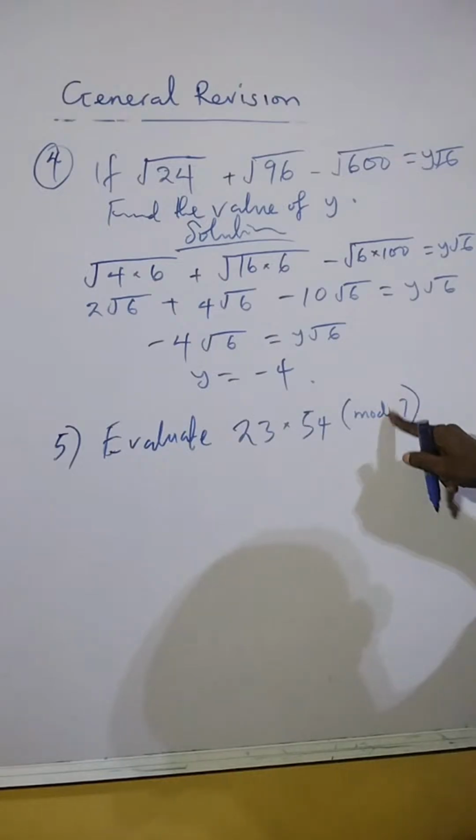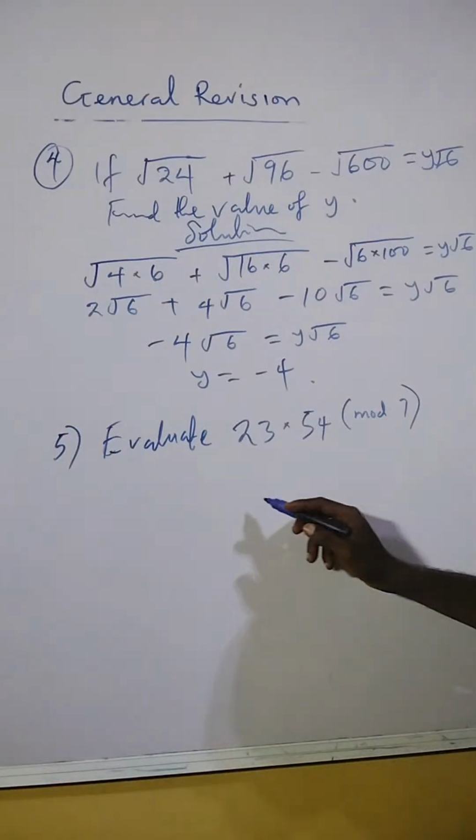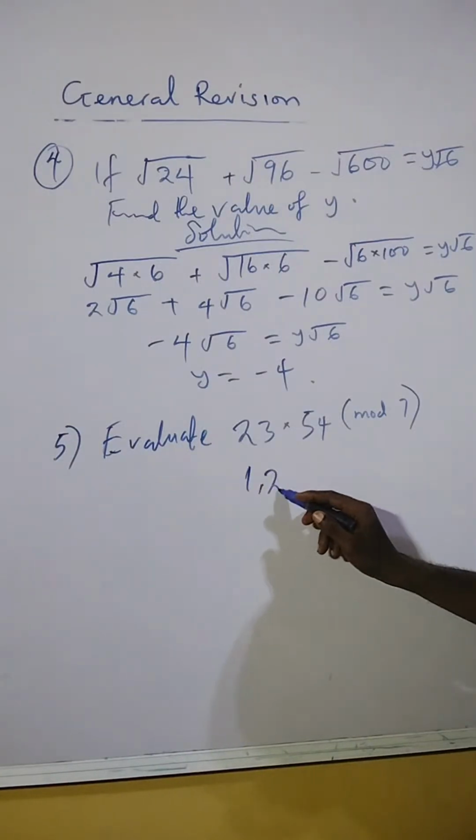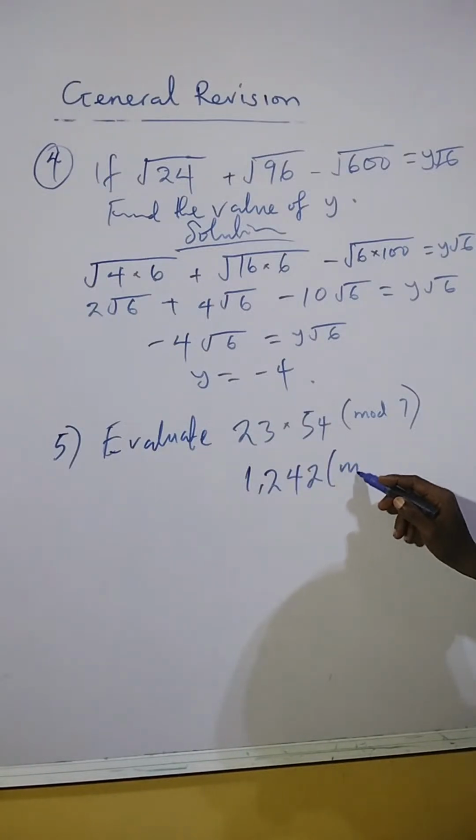In mode 7, normally we multiply this, so the result, we put it in. So we have 23 times 54. This gives us 1,242. Then in mode 7.